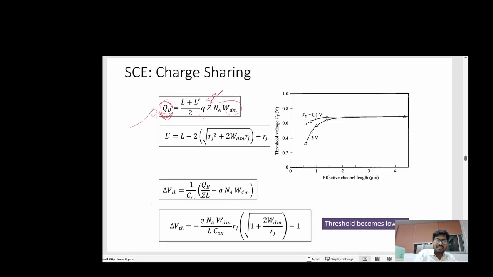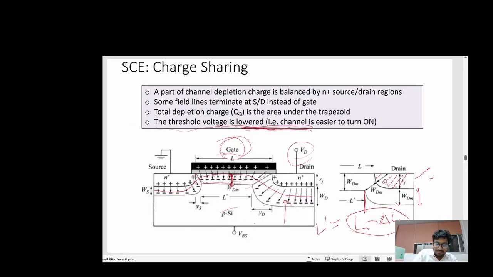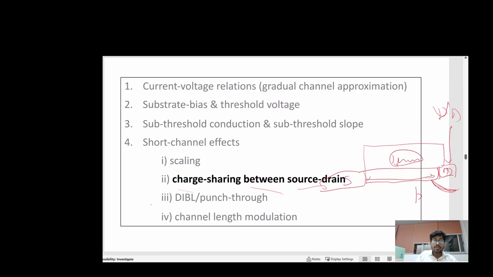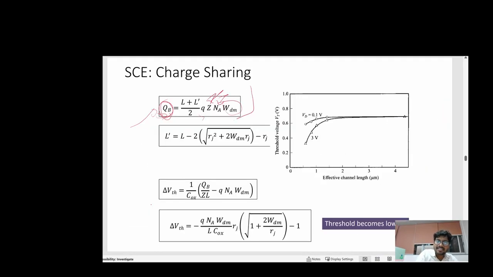NA is the acceptor doping density concentration in the P-type silicon, so that defines how much charge is there in your depletion region. So this is the total charge in the depletion region. L dash will be equal to this much.